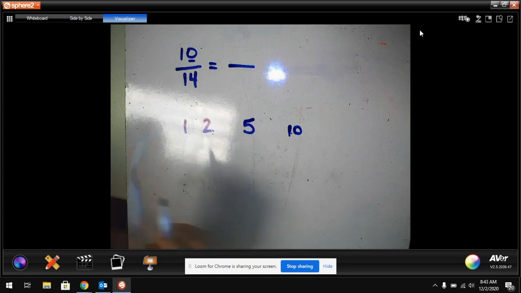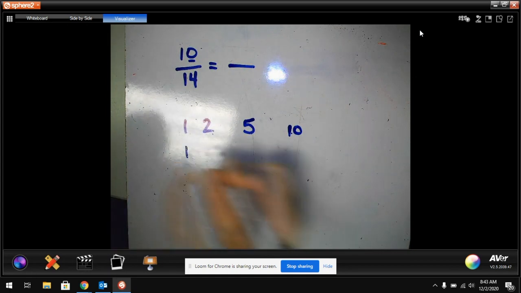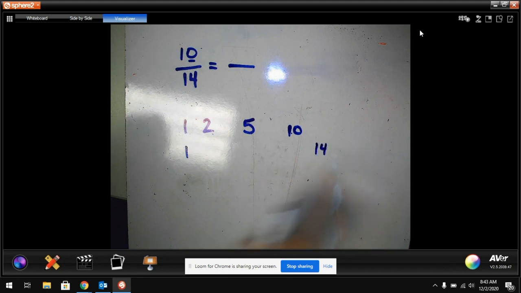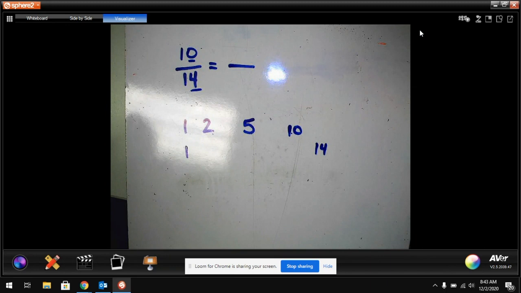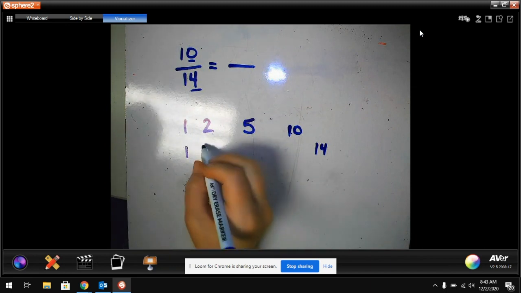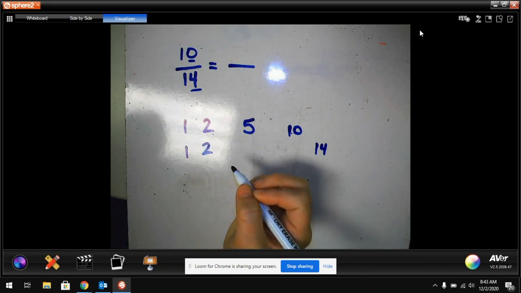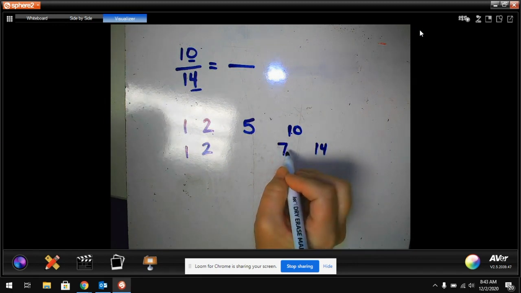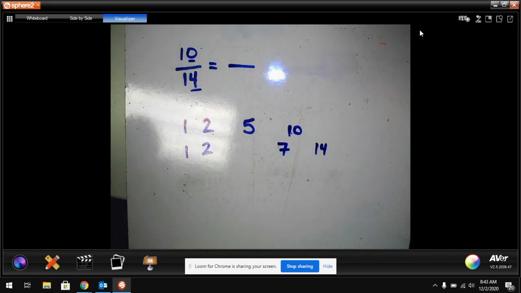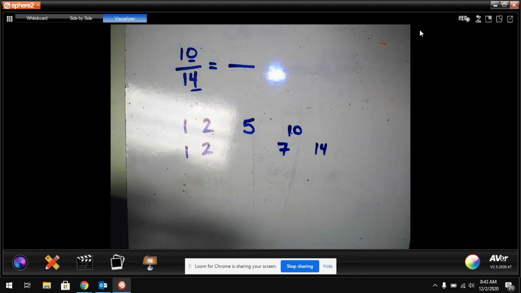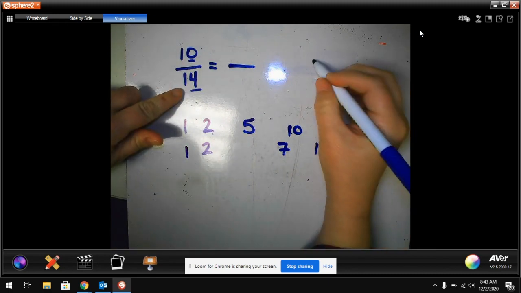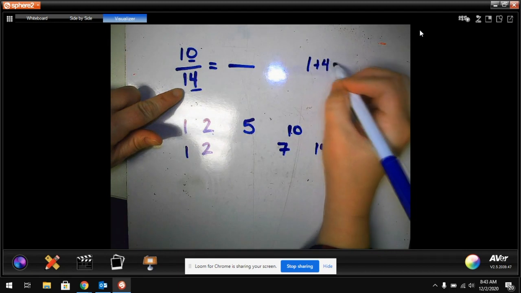All right, now I'm going to go to the 14. Again, I know 1 times 14. I look and see it is an even number. So 2 is also a factor. 2 times 7. Then I'm going to see, for the divisibility rules say if I add the digits in 14, so in other words, 1 plus 4, if I add those together, I get 5.